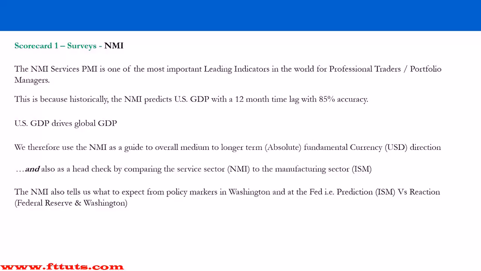And here we're looking at our first set, which is surveys. And the reason we're doing that is because we want to predict what central banks and governments will do in the future and what coincident indicators will do in the future, so we can take a position in the currency now. Now, we haven't said what currency we're going to be taking a position against, so what's going to be on the other side. What we're saying is that we're going to qualitatively score what the outlook for the economy is in absolute terms, in an endogenous manner.